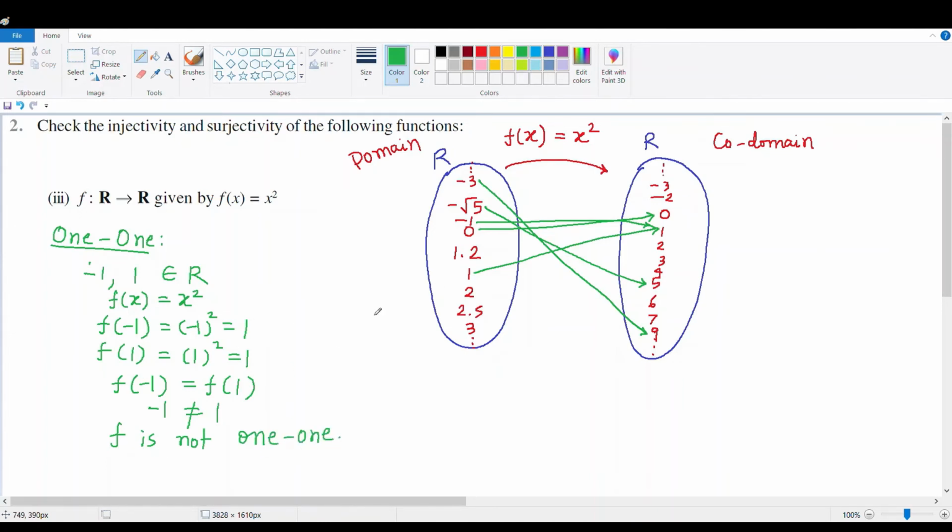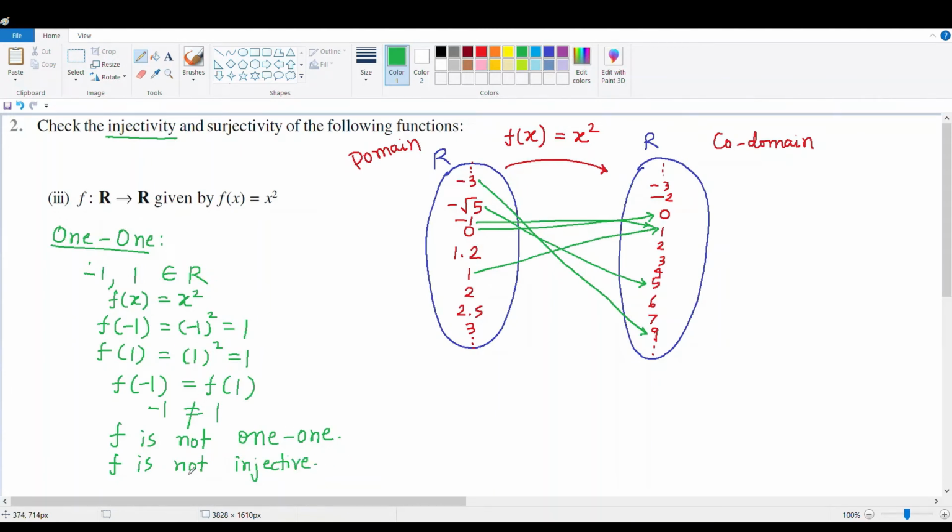So this is the reason why this function is not 1-1. And since it is not 1-1, they use a different word for that. They ask you to check the injectivity. So since f is not 1-1, f is not injective.